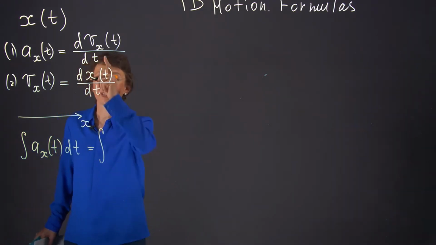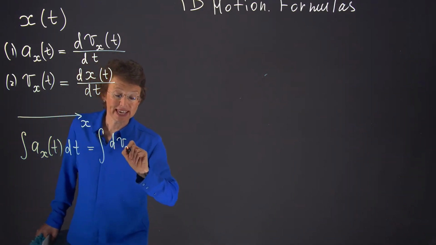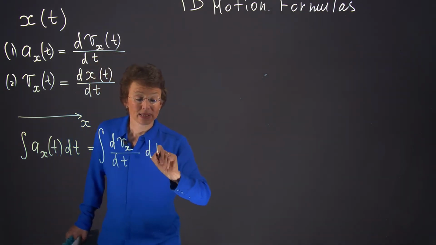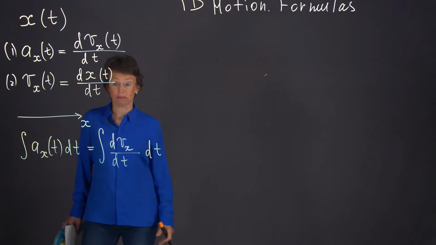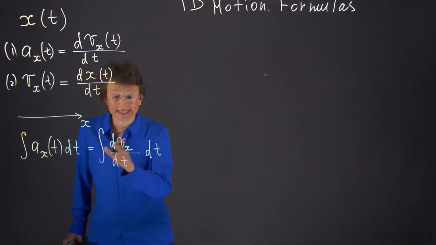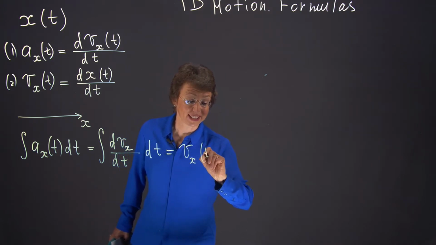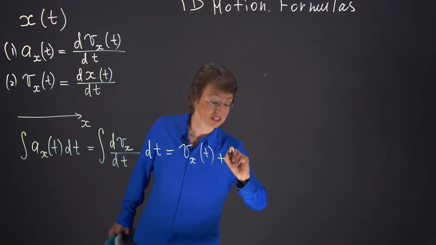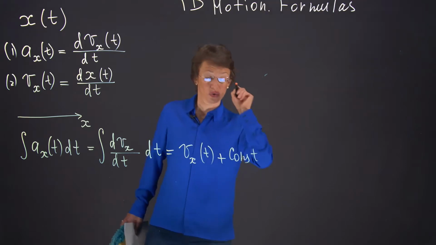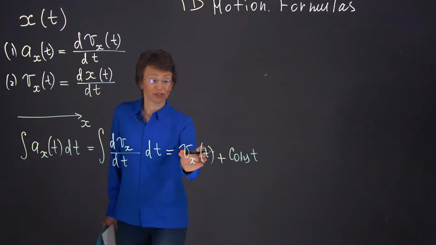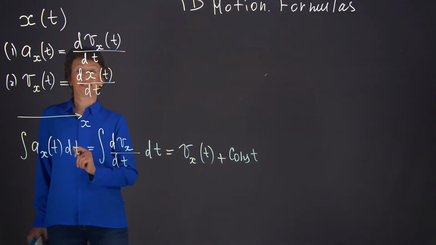I will have the integral of dvx. I take the integral with respect to time. But what is the antiderivative? It is the function itself. So I get vx as a function of time plus a constant.